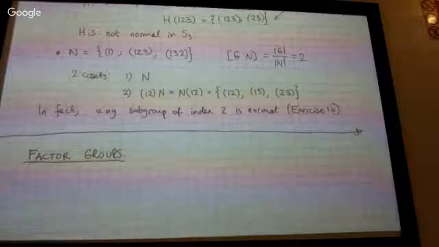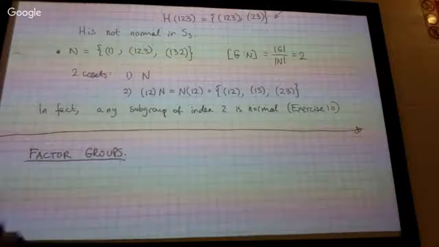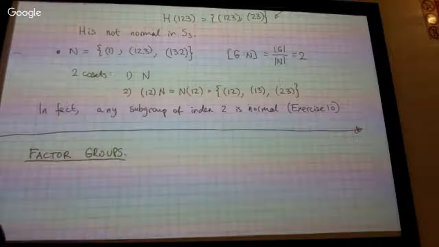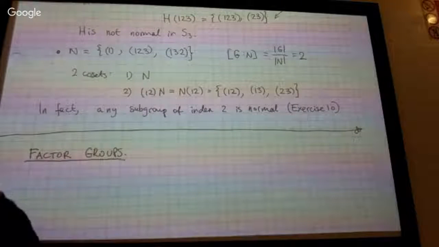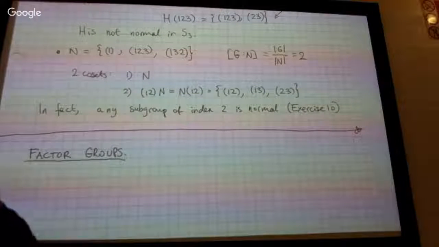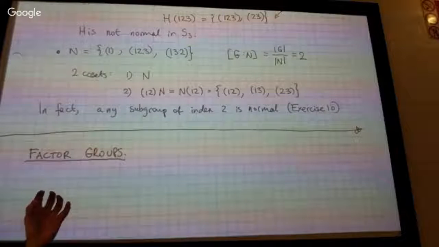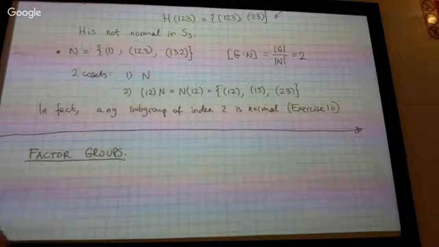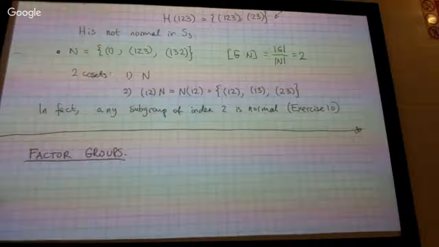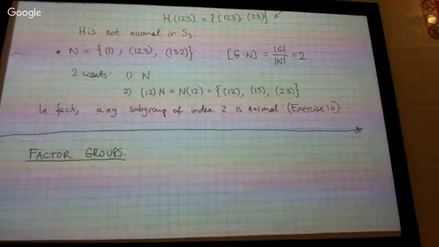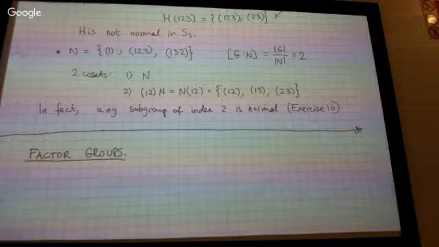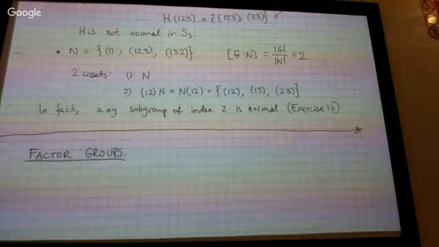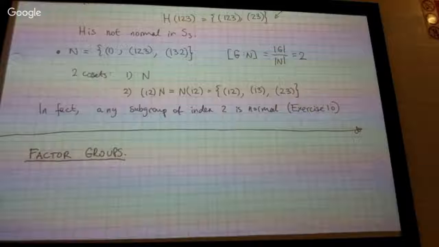A factor group is sometimes also called a quotient group. It is when you take the cosets of a subgroup in a group and you define an operation on the cosets in the only possible way that you can, knowing what you know, and it turns out to be a group.